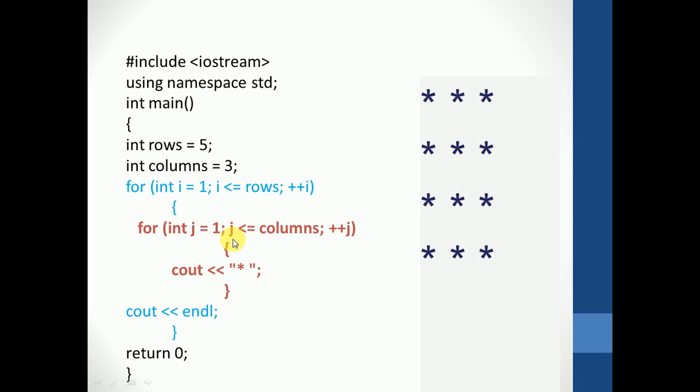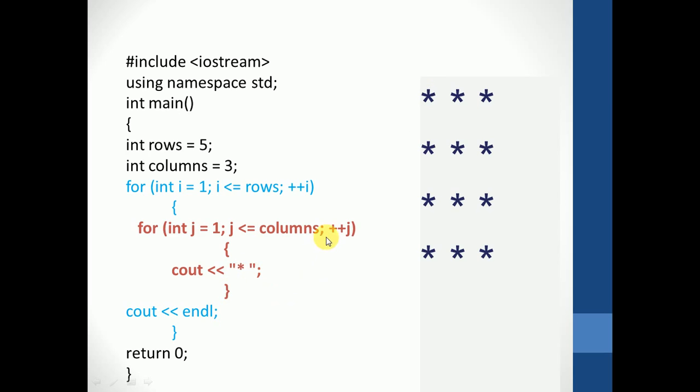Now j, that is 1, is less than or equal to 3. Yes, the condition is true. So it gets inside the loop and you can see a double quote here, which means the statement will be printed as such. Now you have a star here, so star will be printed as such, the first star. And then it sees the closing bracket. Now where does it go?